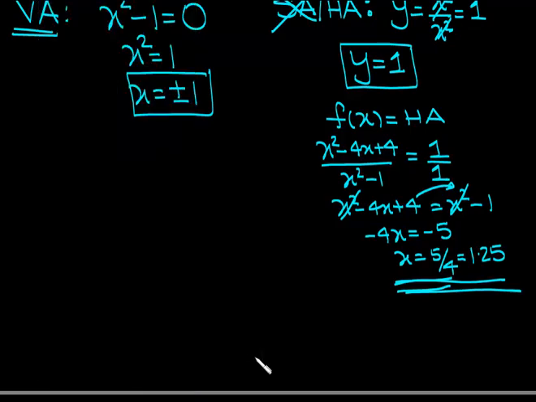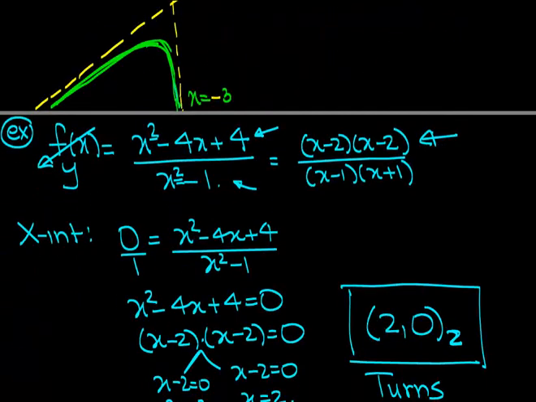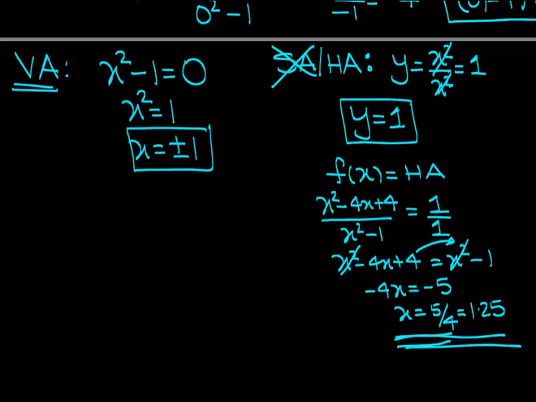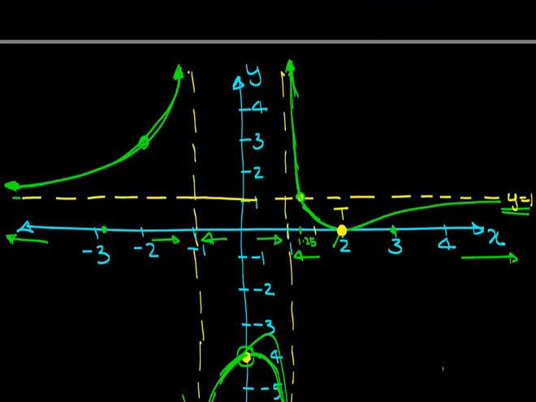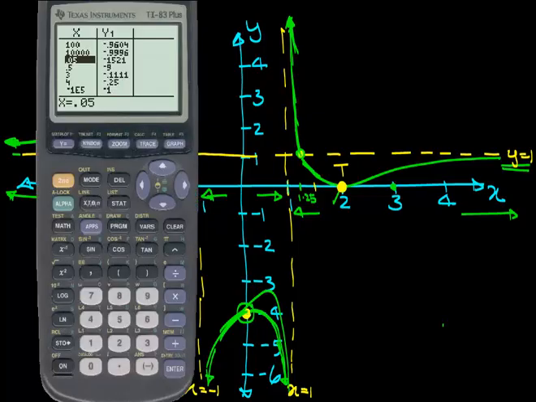And according to us, we went to positive 1. We kept the dominating terms on the top and the bottom. The dominating term is x squared, x squared. They cancel, so we get 1. I am confused why my calculator is doing what it's doing.